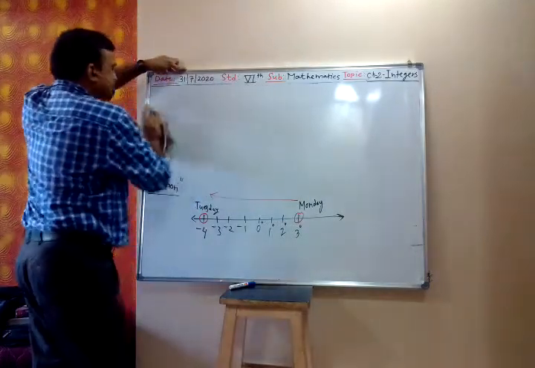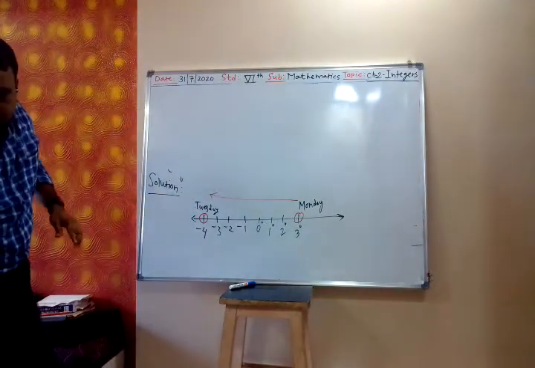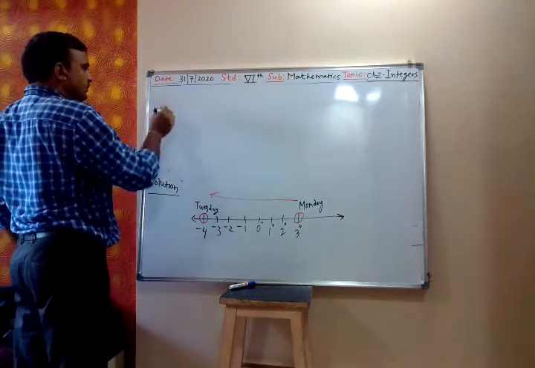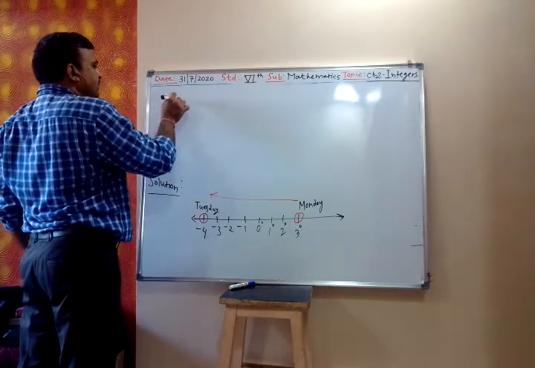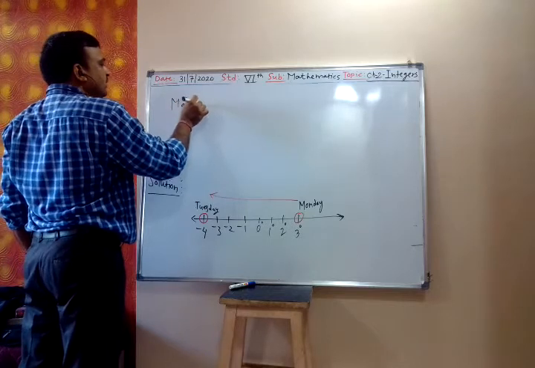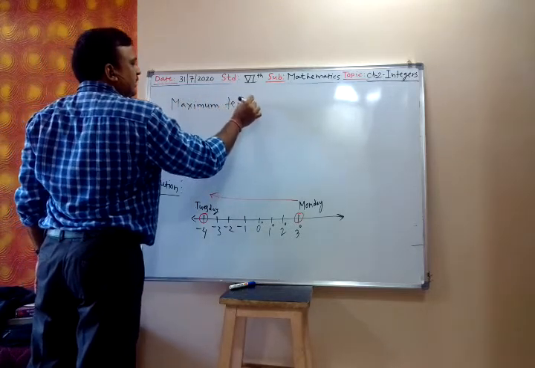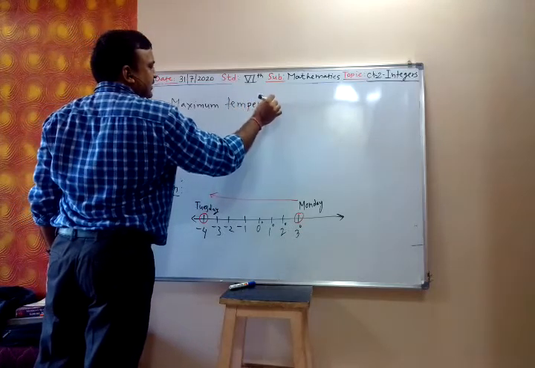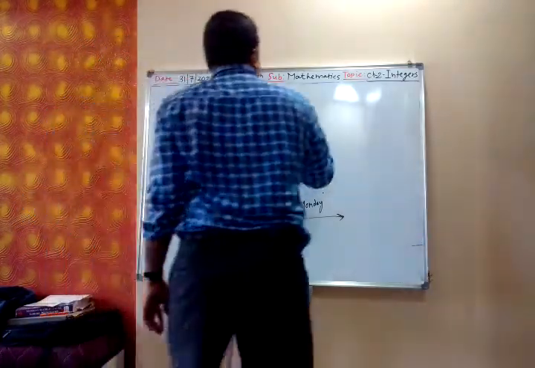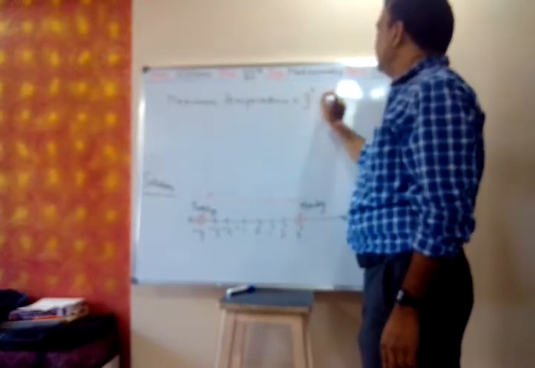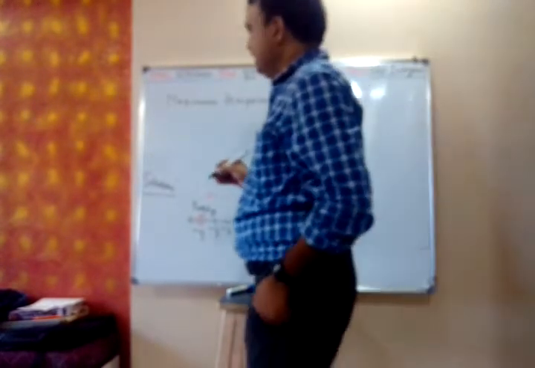So we write the maximum temperature of Shimla is 3 degrees Celsius.